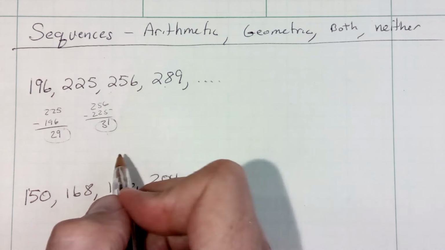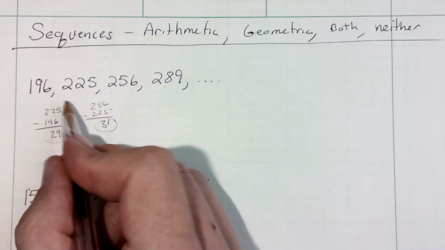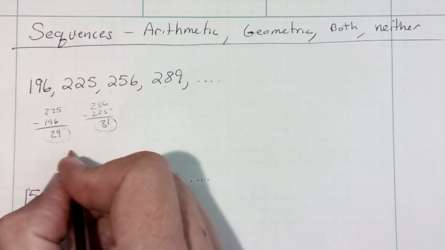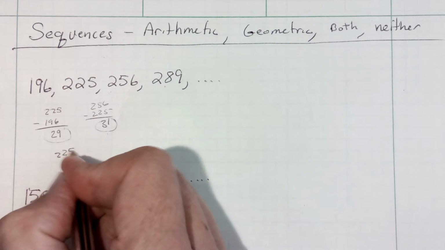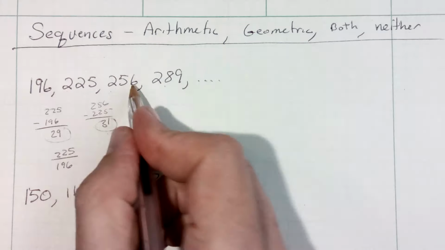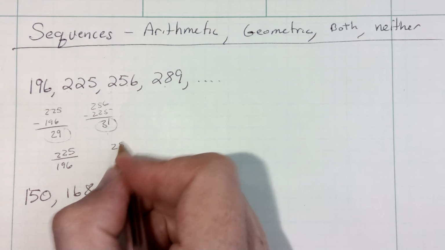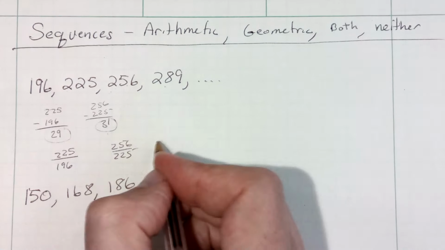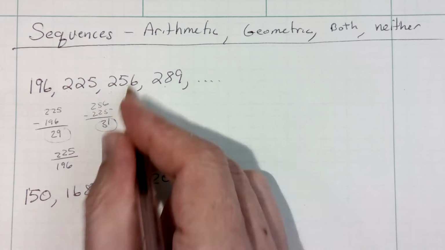The way you tell if it's geometric is you take the ratio. Always take the second one first. So now I'm going to decide if it's geometric. I'm going to do 225 over 196, and then the next one, 256 over 225, and then 289 over 256.